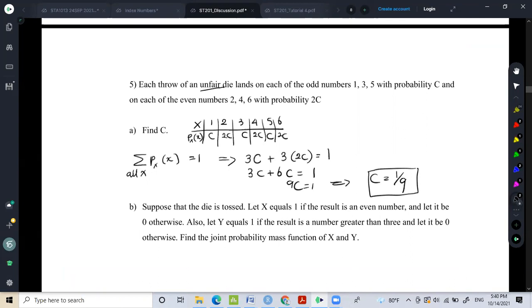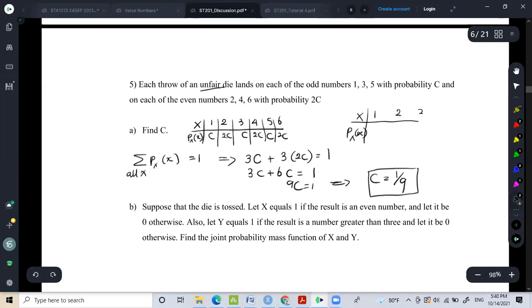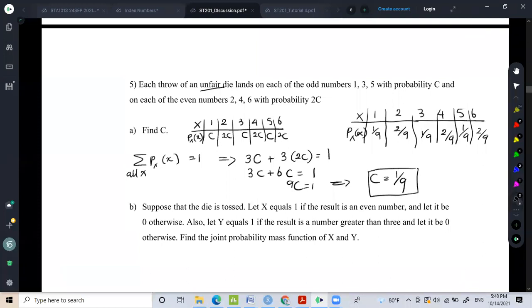So what does that mean? Now you can write the probability of x if you want. For x equals 1, 2, 3, 4, 5, and 6: the probability of getting 1 is 1/9, and 2 is 2/9. Why? Because it's 2C, so 2 times C is 2/9. Odd 1/9, even 2/9, odd 1/9, even 2/9. So that is our PMF of x.